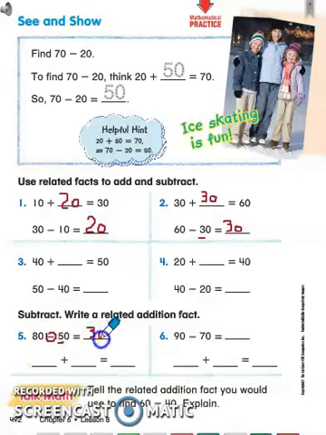Now, how to write the addition sentence? I know that the answer of the addition sentence is the biggest number. So at first, search for the biggest number. The biggest number here is what? 30? No. 50? No. 80? Yeah, so I will end with 80.